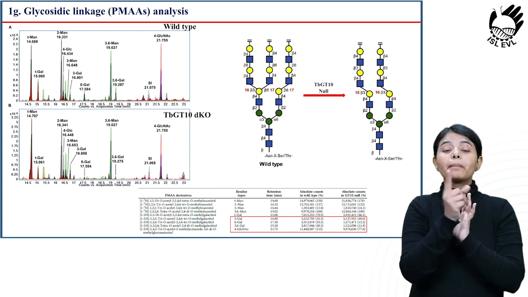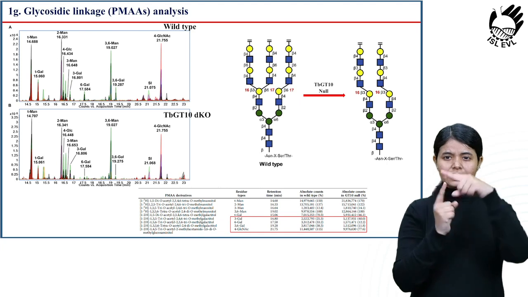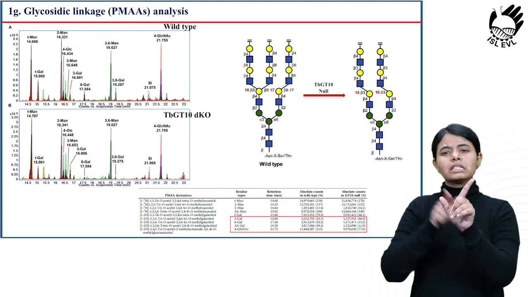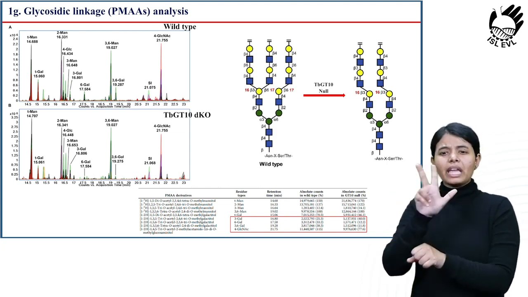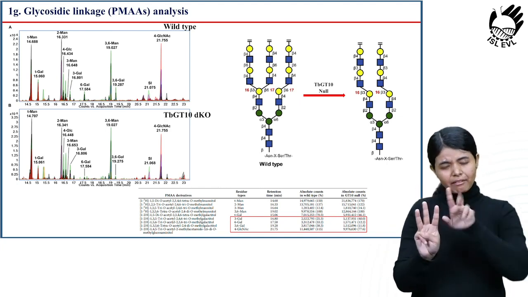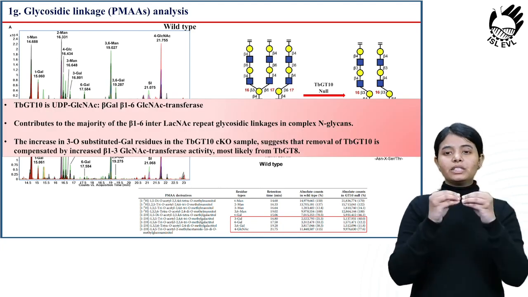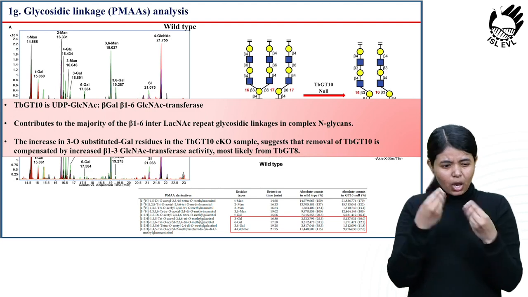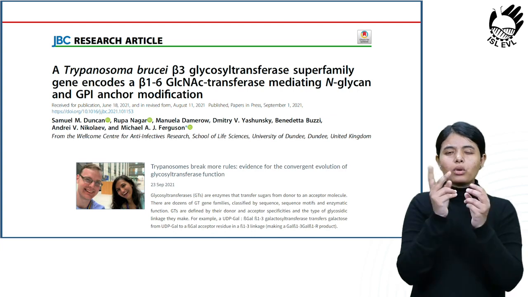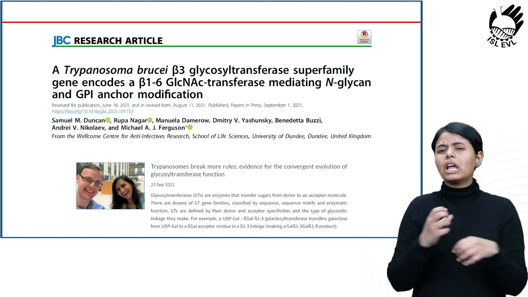The increase in the 3 substituted galactose residues in the TBGT10 knockout sample suggests that the removal of TBGT10 is compensated by the increase of beta 1,3 glucanac activity, most likely by the TBGT8 enzyme. And we have recently published the study along with other molecular biology and evolutionary analysis.